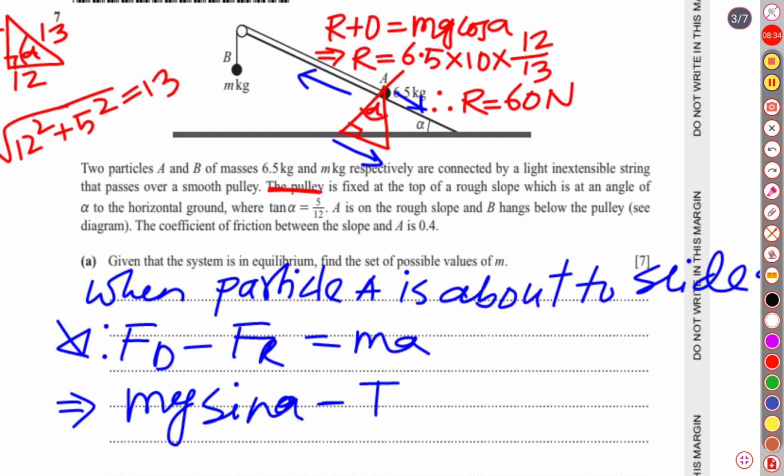Then there is another force causing resistance to motion, which is the frictional force, and we know the formula for frictional force is mu R. So minus T minus mu R is equal to mass into acceleration. As the system is in equilibrium, there is no acceleration at all, so the right side is 0.